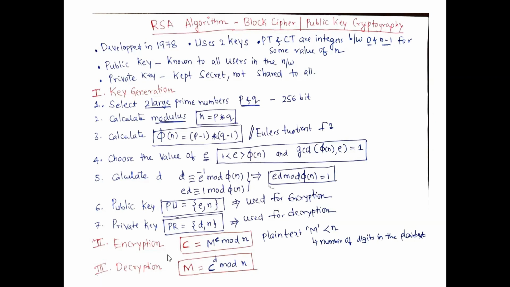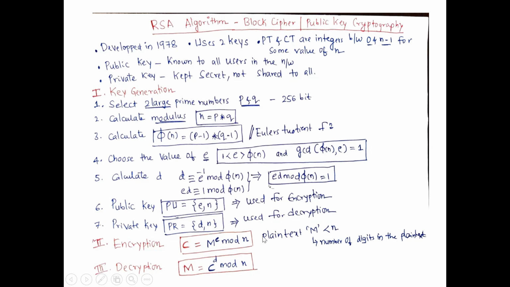Which key are we using? We are using the public key for encryption. So message M raised to E mod n. We are performing an exponential operation over here. Once you do this, the result will be ciphertext C. Okay, this is for encryption.